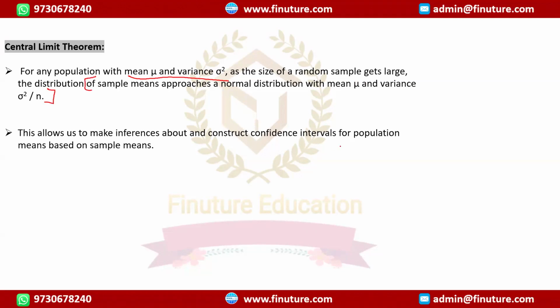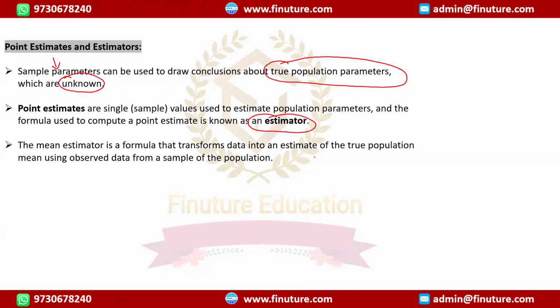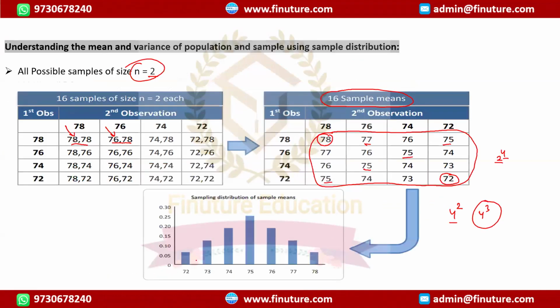So whatever I just demonstrated here, if you see, as your sample size goes up, from 1 we came to 2. What happened? The distribution of sample means tends to the normal distribution with mean mu.